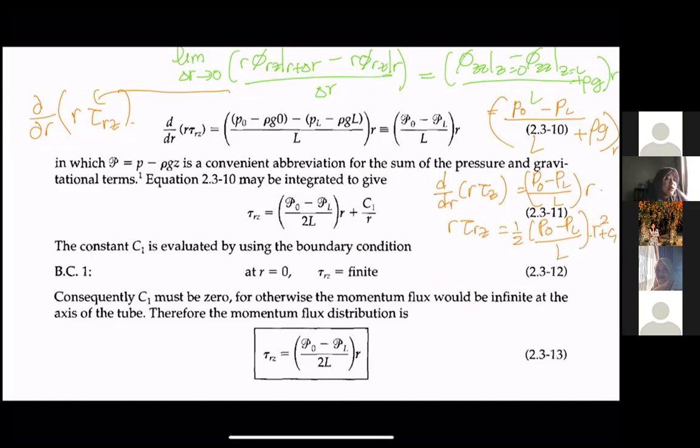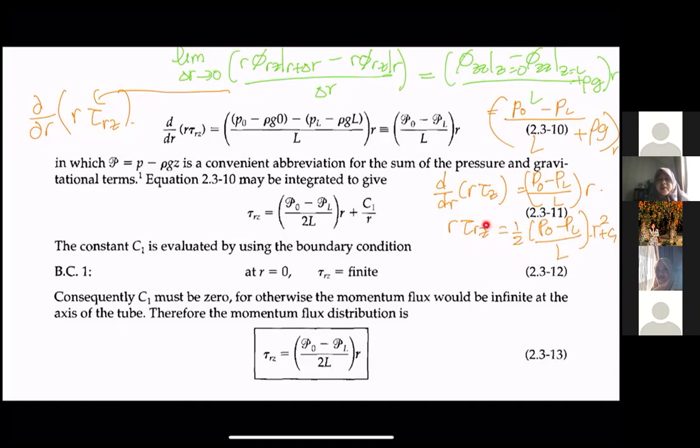So this is R, and when we do integration it becomes half R squared. This is the constant, plus the C1.